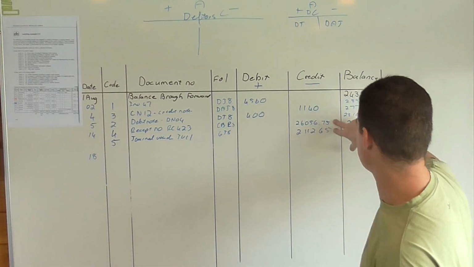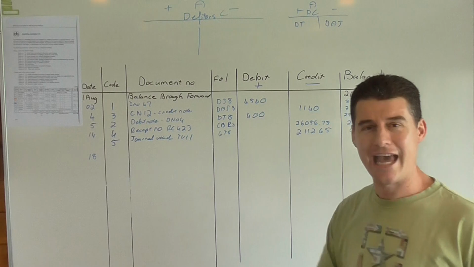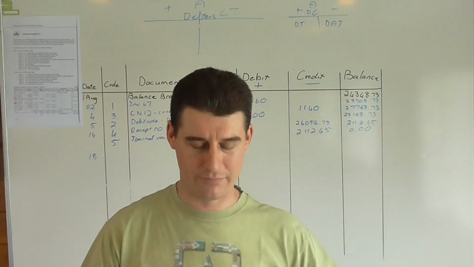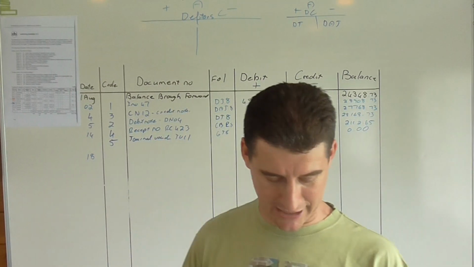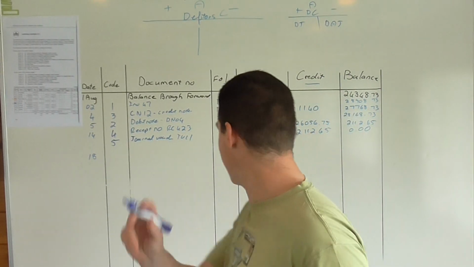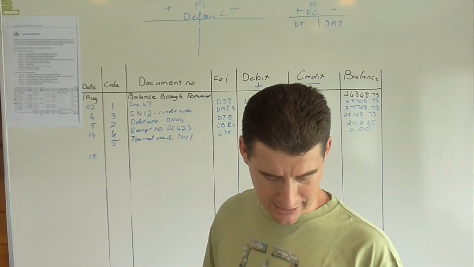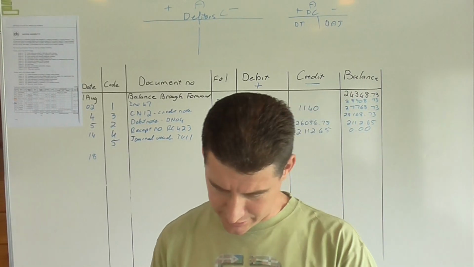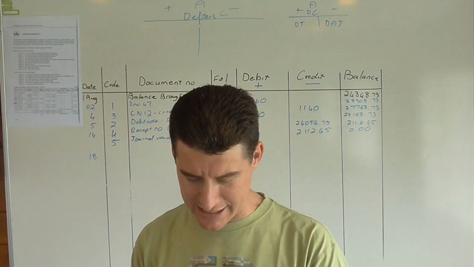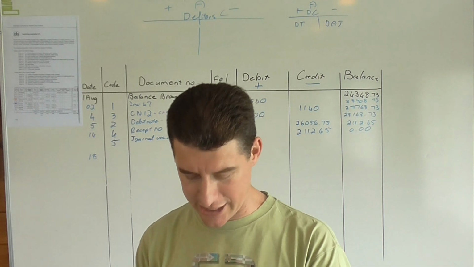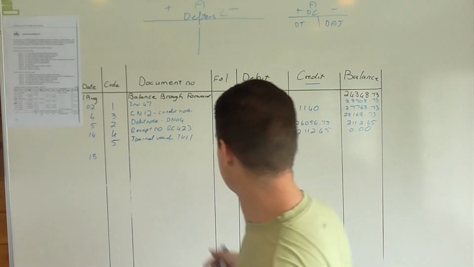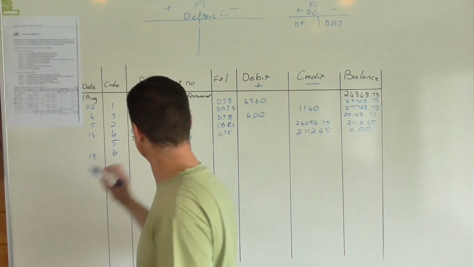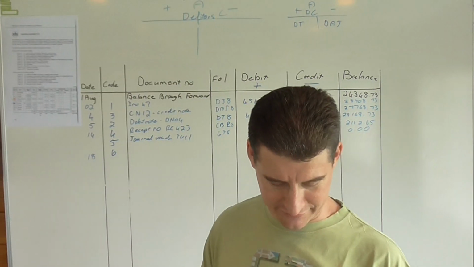So these two transactions that we've done here have to be reversed, because, let's face it, he still owes us the money. So let's have a look. On the bank statement, let me just quickly look for the code. Code number 6 is an RD check. So that'll be code number 6. Great stuff.